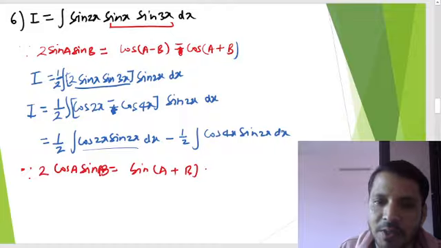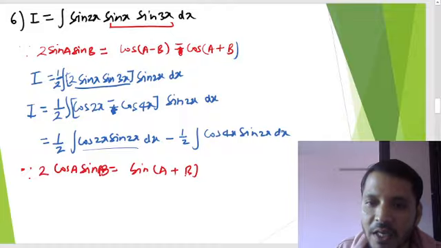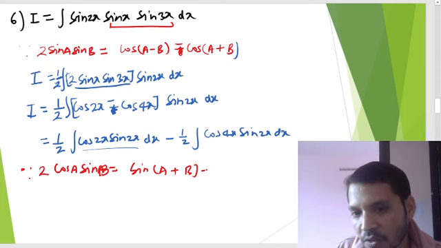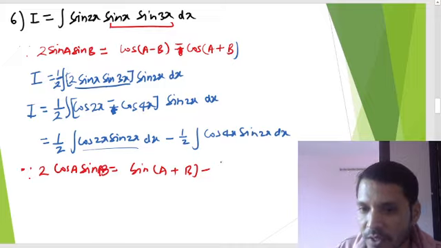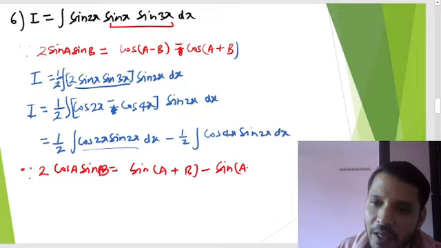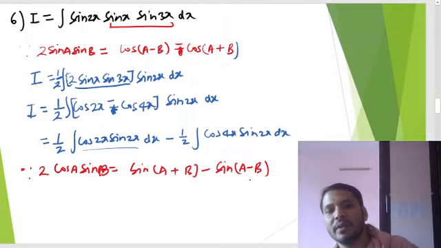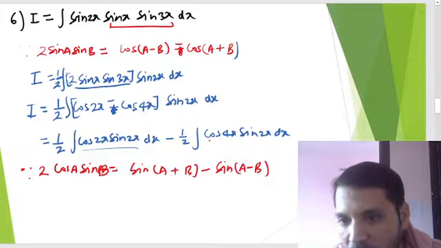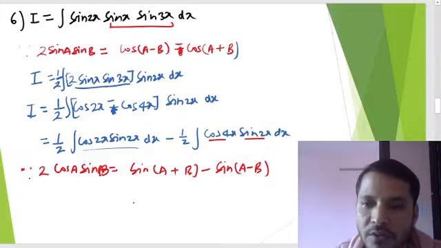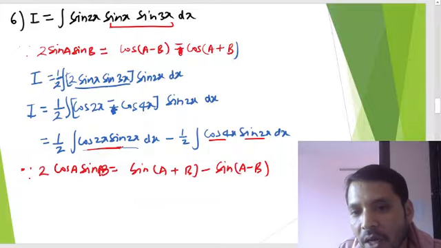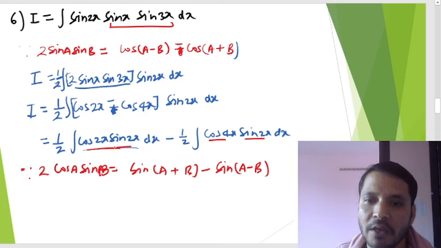So sine(a plus b), sine a, so cos a and sin b, and then sine should get cancelled out, so minus we will do here sine(a minus b), right. So from there we will get this thing, and here also we need to apply the cos and sine formula, same formula we can apply here also, or otherwise in this term actually we can just multiply it by 2 and divide by 2, it will become a multiple angle, that is sine 2 theta.